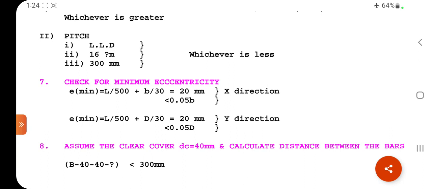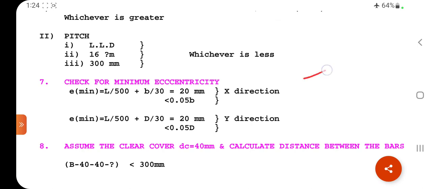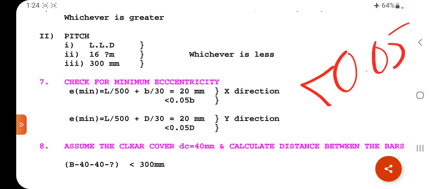Note that in the case of eccentricity in the x direction, it is B by 30, whereas in the case of eccentricity in the y direction, it is D by 30, and both eccentricities should be equal to or less than 20 mm, and in the case of y direction, it should be less than 0.05 of B.